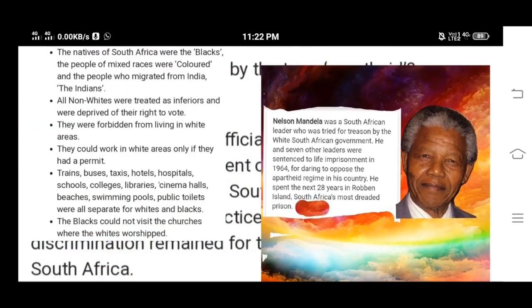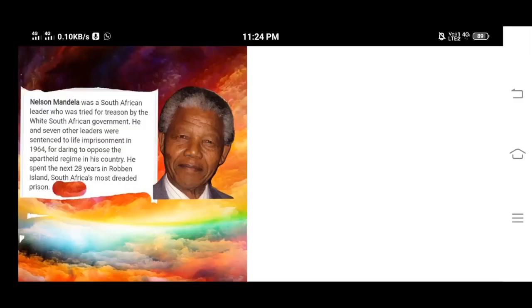Nelson Mandela was a South African leader who was tried for treason. Treason means देशद्रोही का इल्जाम उस पे था, by the white South African government. तो इसको imprison किया गया वहां पे, life imprisonment for Nelson Mandela, because he was raising the voice against these whites discriminating the native people of South Africa.